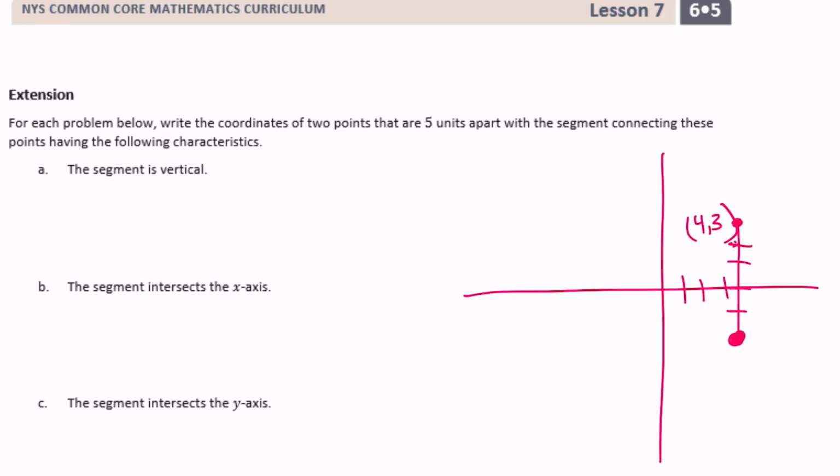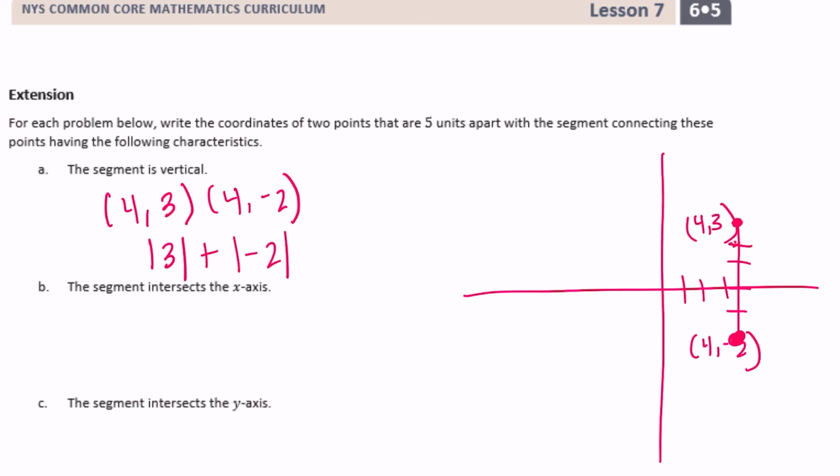That would make it 4, -2. So there's one. That would work. And one way to prove that is where they differ is the y coordinates, the absolute value of 3. They're on different sides of 0, so we're adding plus the absolute value of -2 is equal to 5.